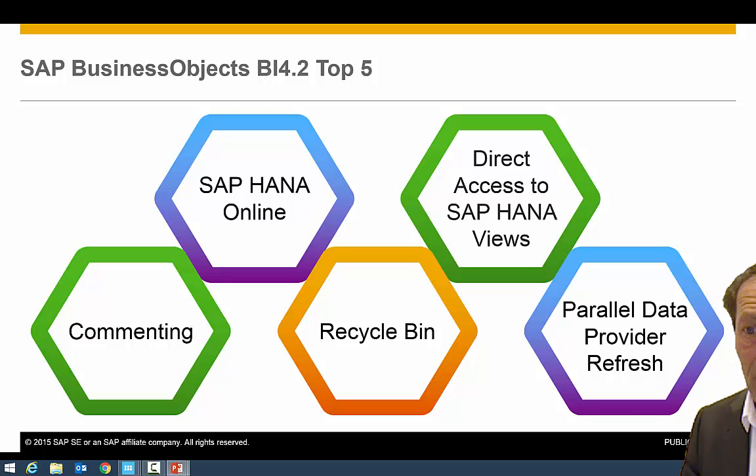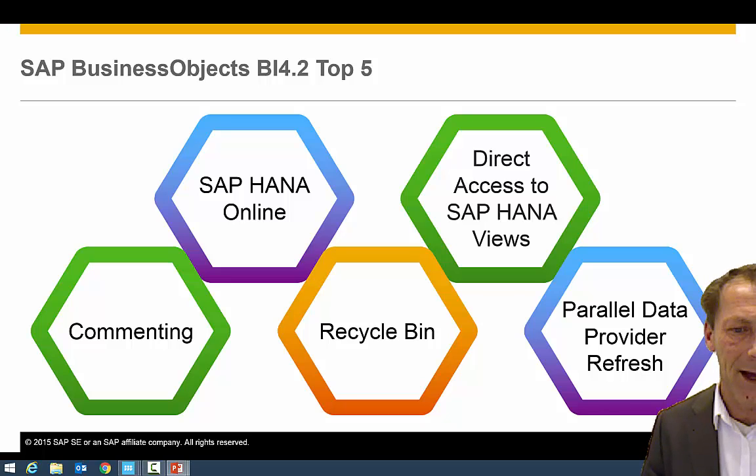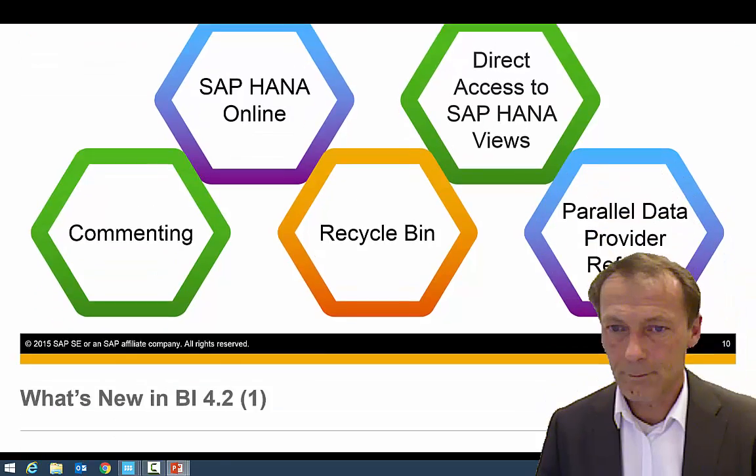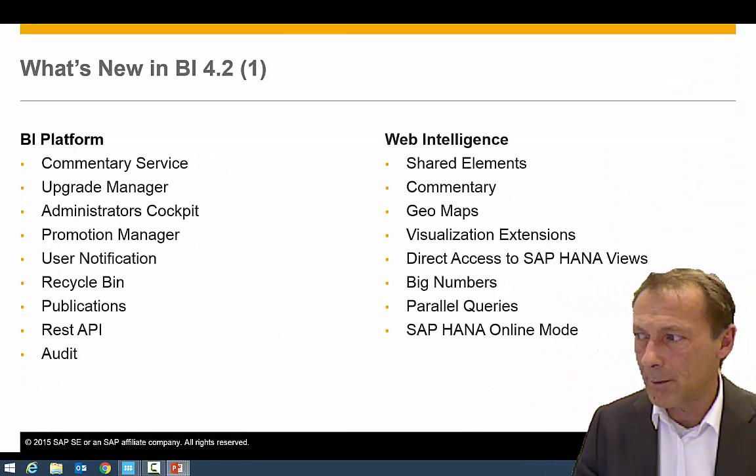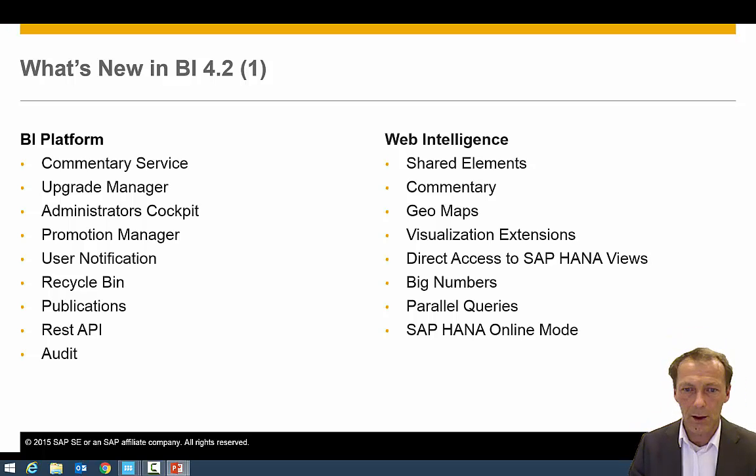We have SAP HANA online connectivity or direct access to SAP HANA views from Web Intelligence. There is the long expected recycle bin, and we have parallel data provider refresh. So let me focus and make myself a little smaller so that you can see. So what's new in BI 4.2?